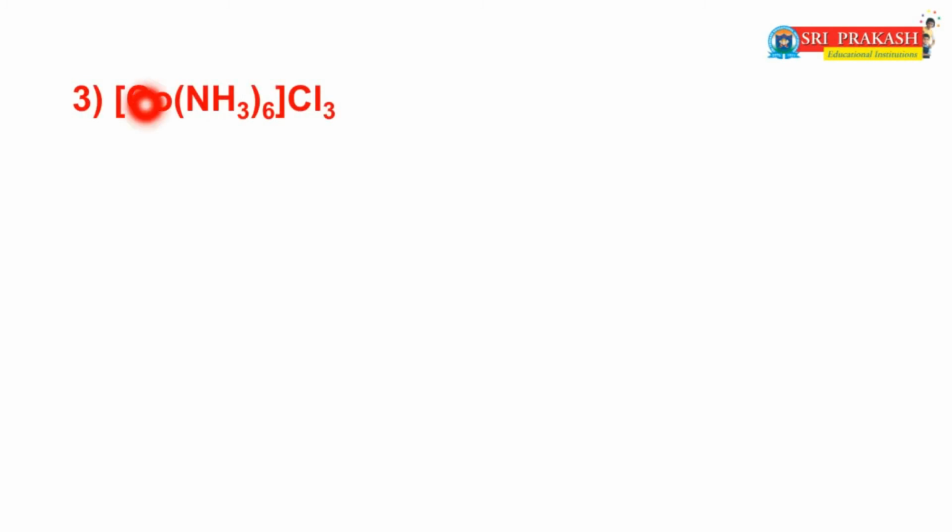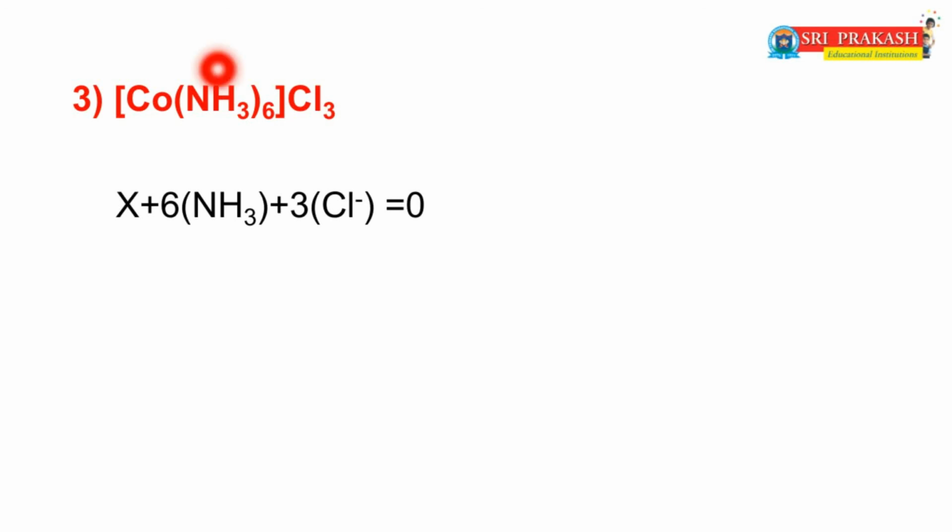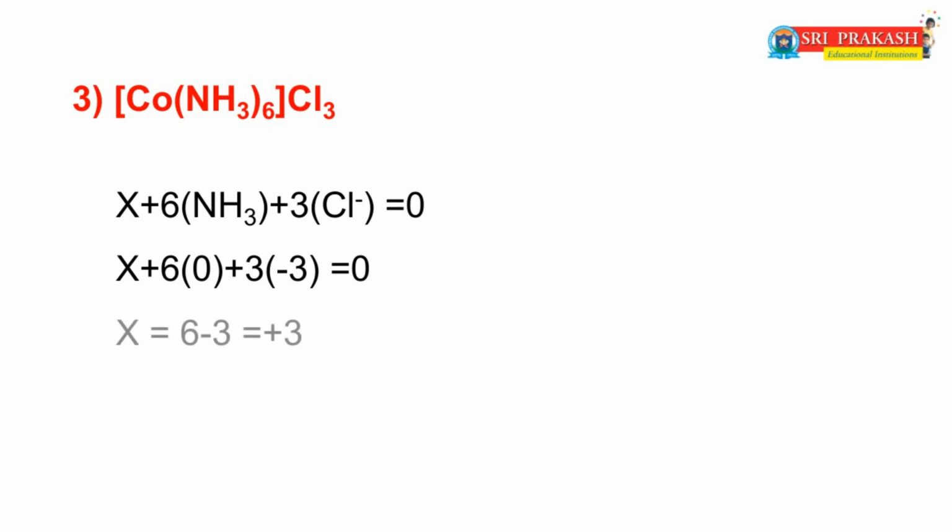Next example, [Co(NH3)6]Cl3. Generally ammonia is a neutral ligand, that means the oxidation state of ammonia is 0. The oxidation state of Cl, all halogens have -1 oxidation state. Here X is cobalt. So in this complex, the oxidation state of cobalt is +3.